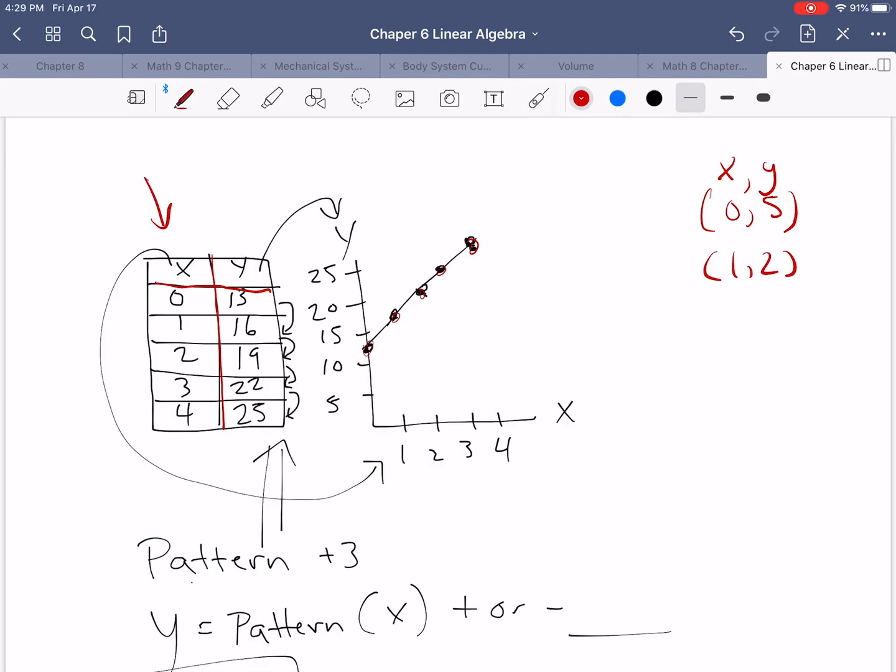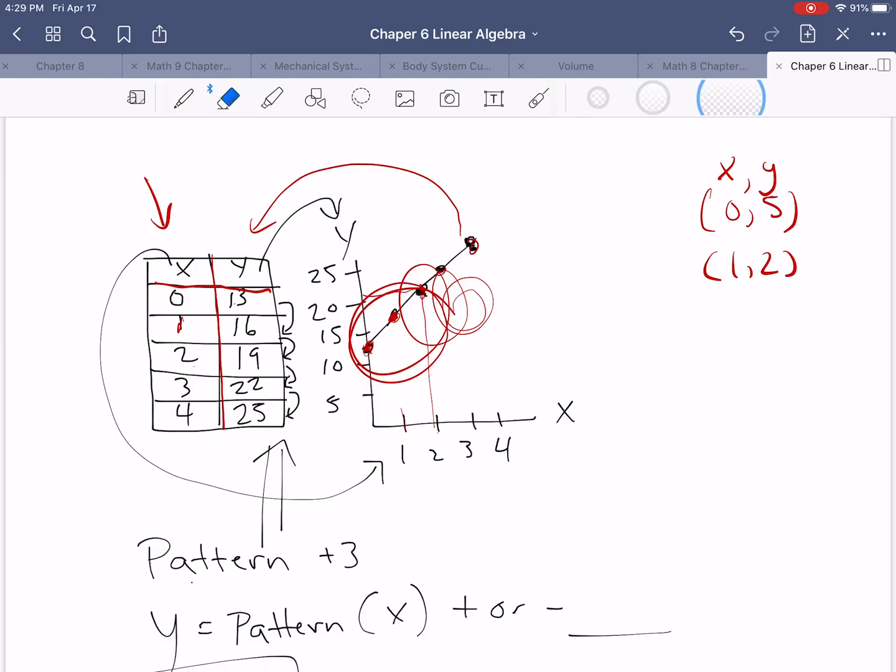So in this situation, even though you can't see my horrible graph, this is 0 and 13, so that's the first one. 1 is like 1 and 16, which is why that dot's there. And this one's 2 and 19, so if we go up, it should be close. My graph isn't great, but as you can see, you can make this chart from this graph, all right? So make sure that you are understanding that.